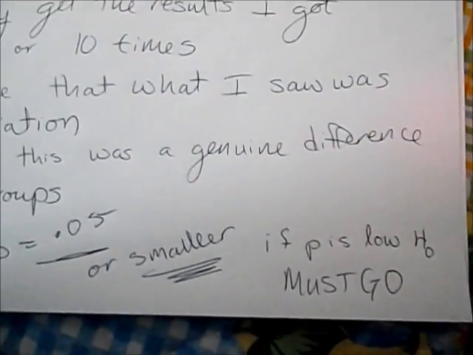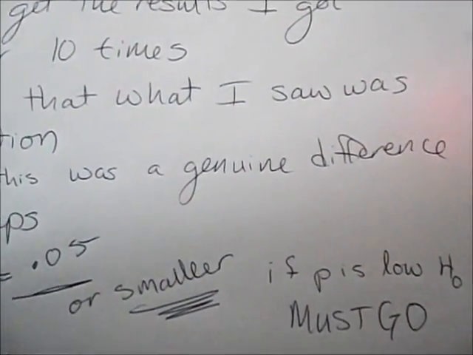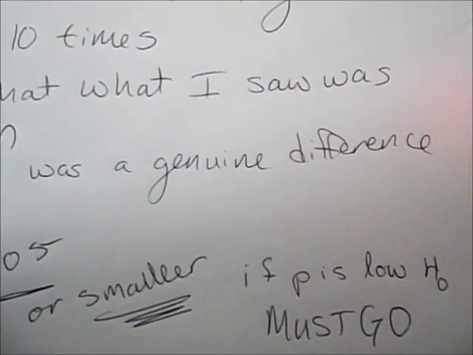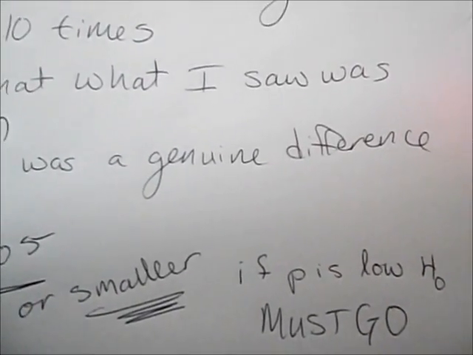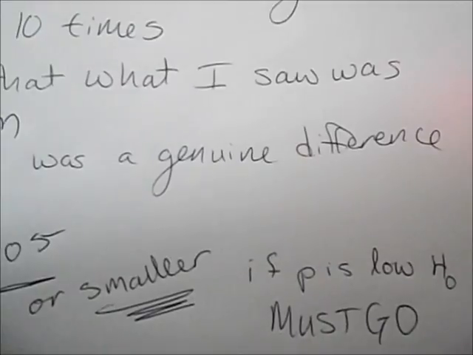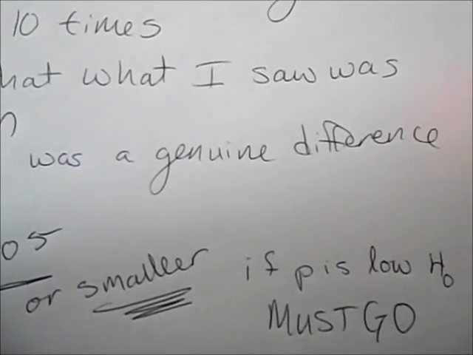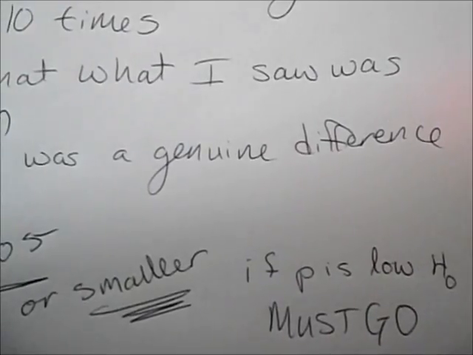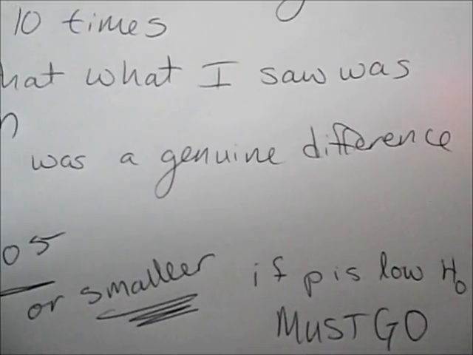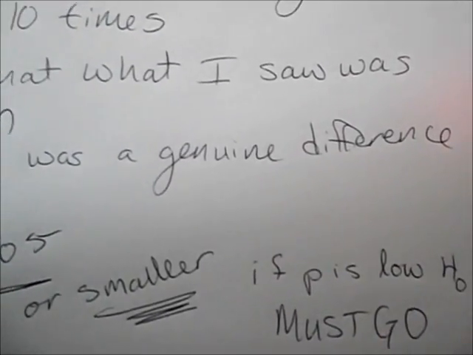So if p is 0.05 or smaller, we can get rid of that null hypothesis. The only other option besides the null hypothesis is the alternate. So if the p-value you calculate is 0.05 or smaller, what you're going to do is reject the null hypothesis. You're going to say the null hypothesis was wrong.